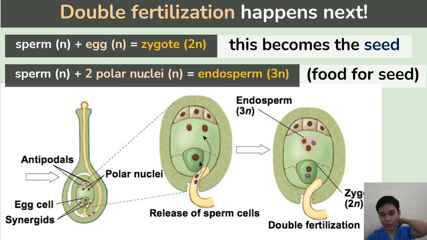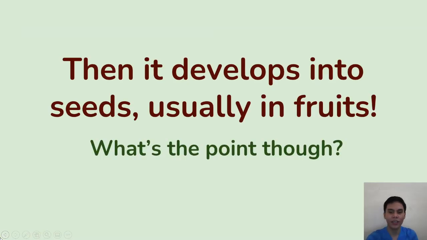There's polar nuclei that are usually wasted in animals. In plants, they are used to create the endosperm. So the endosperm is food for the dormant seed. All right. So there's a component there specifically so the seed has a good head start when it comes to food source. So it develops into seeds and then usually in fruits.